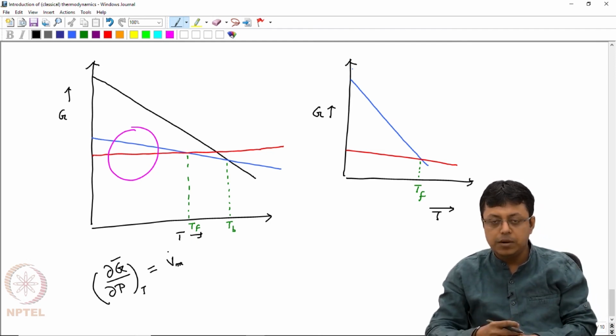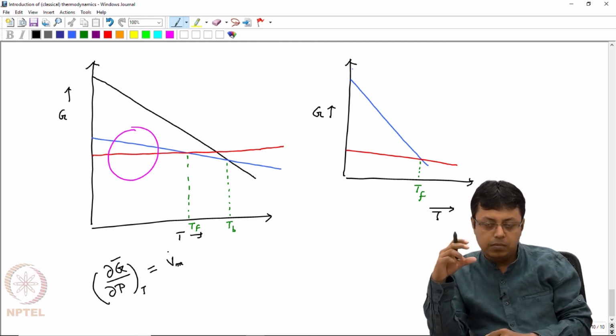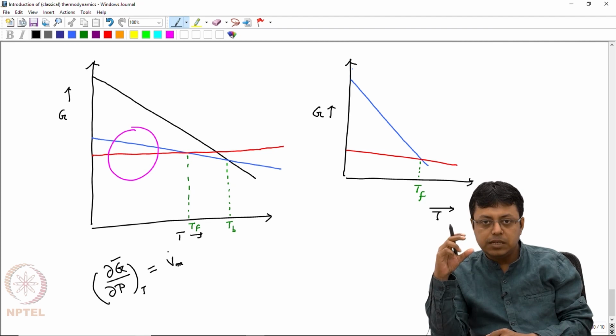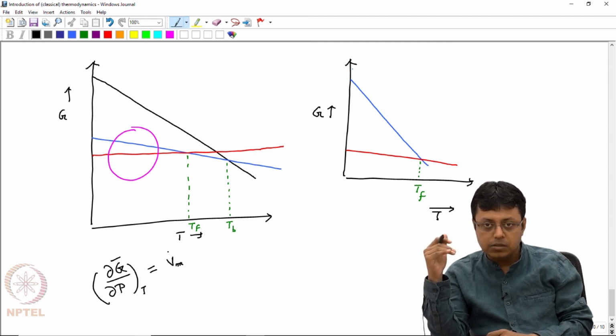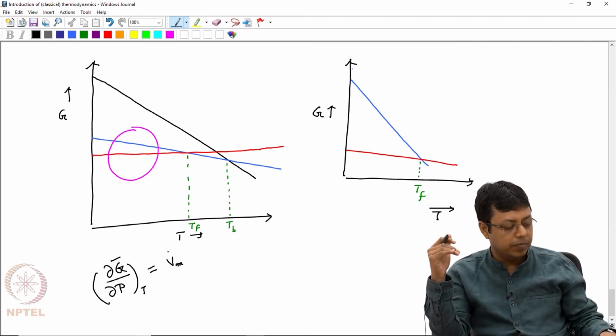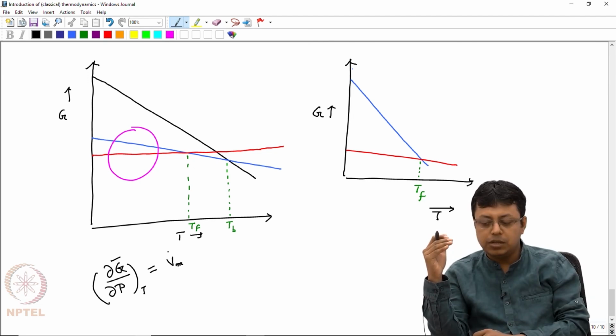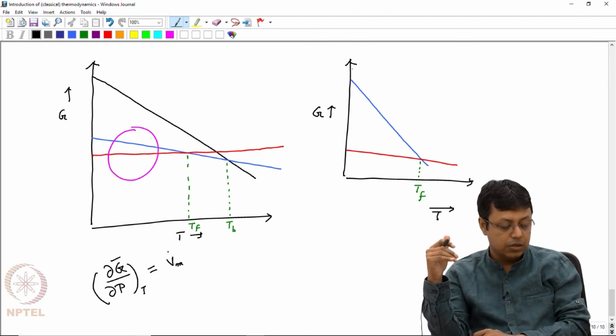At low pressure, let's think of a liquid, there will be some change in the molar volume. Usually at a higher pressure, the change in the molar volume will be much less, and in the solid also the change in the molar volume will be much less.